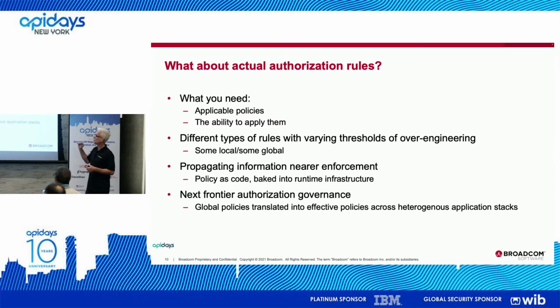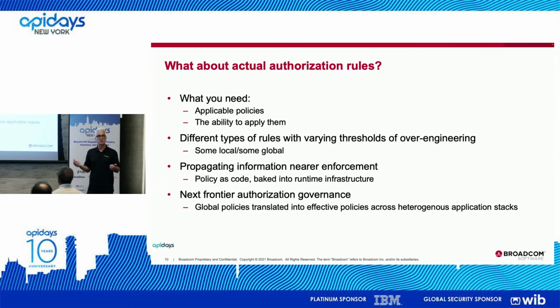And different types of rules. Remember when we were listing the different scopes of API security, there's lots of different things, and different rules can have varying thresholds. There are different thresholds of over-engineering. Some decision-making can be local and some can be globalized, and that's okay. And how do you propagate information near the enforcement?